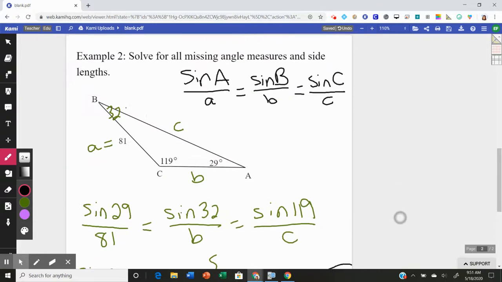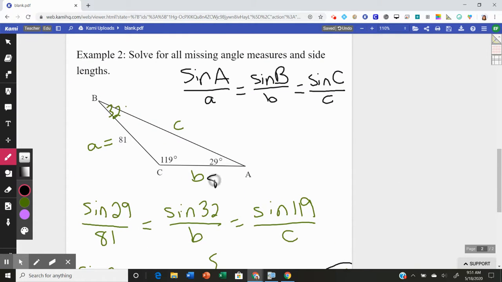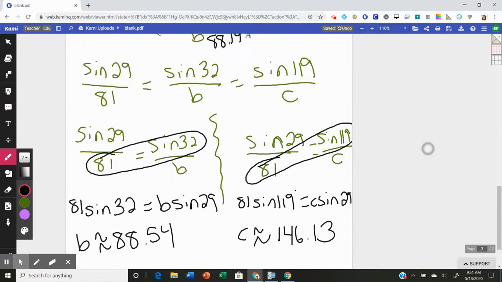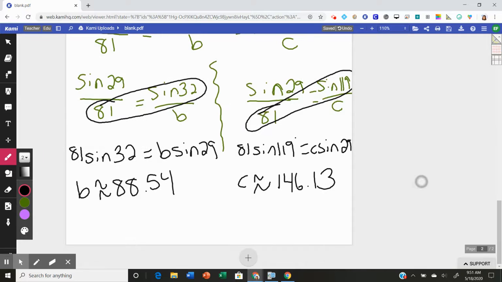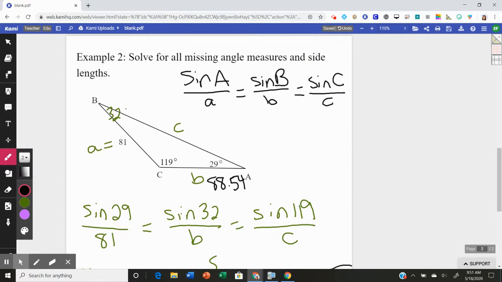Side B is 88.54. And then C is 146.13. So just do one final check.